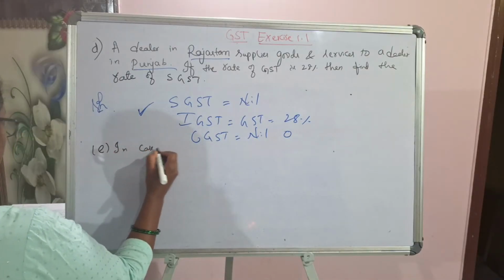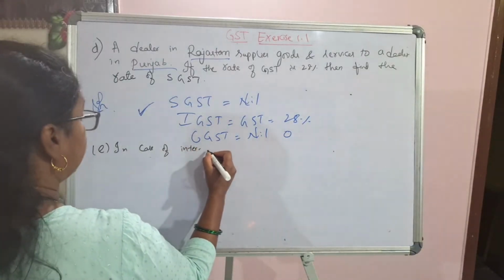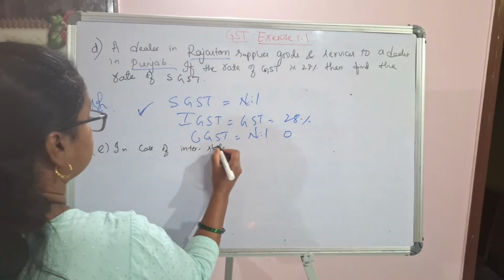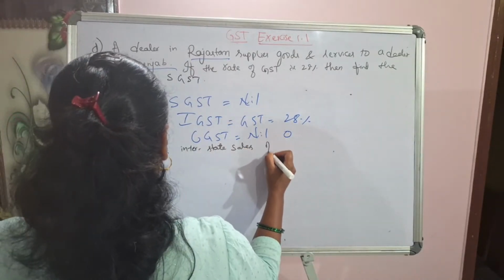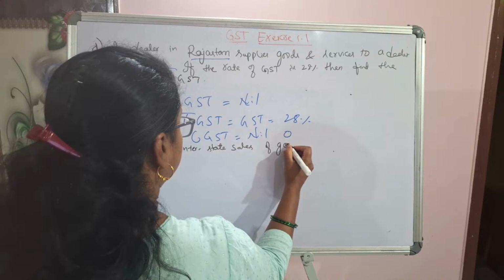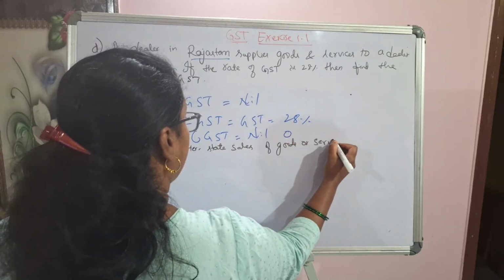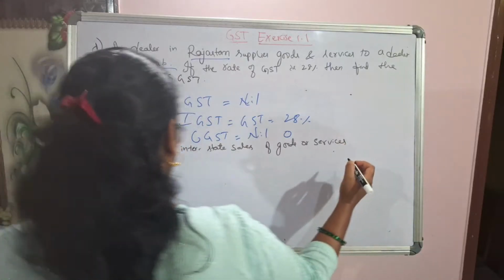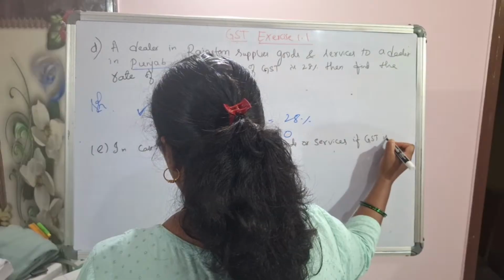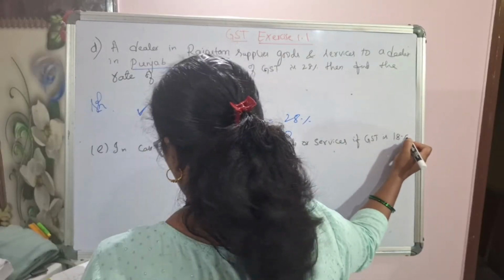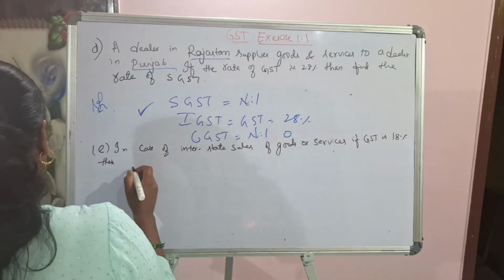In case of interstate sales of goods or services, if GST is 18%, then find SGST.